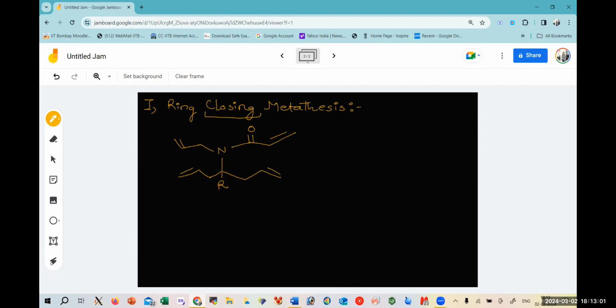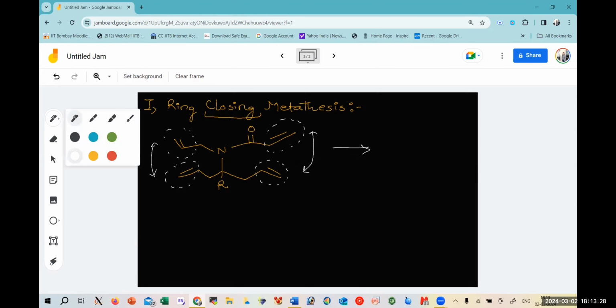Say for example, if I talk about this particular group which is highlighted here, this alkene and this alkene, the same groups are on the other side. The ones which are dotted in white, if they undergo metathesis, that would give you one type of product.